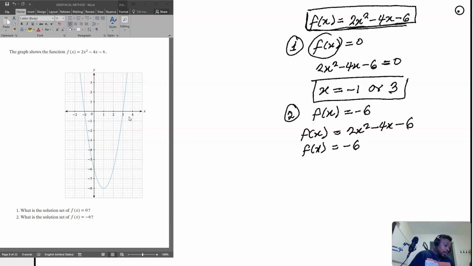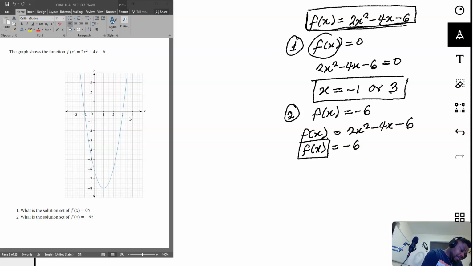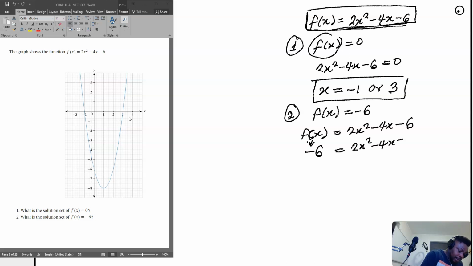So f of x equal to -6 simply means f of x, which is 2x squared minus 4x minus 6, the curve itself, is equal to -6.